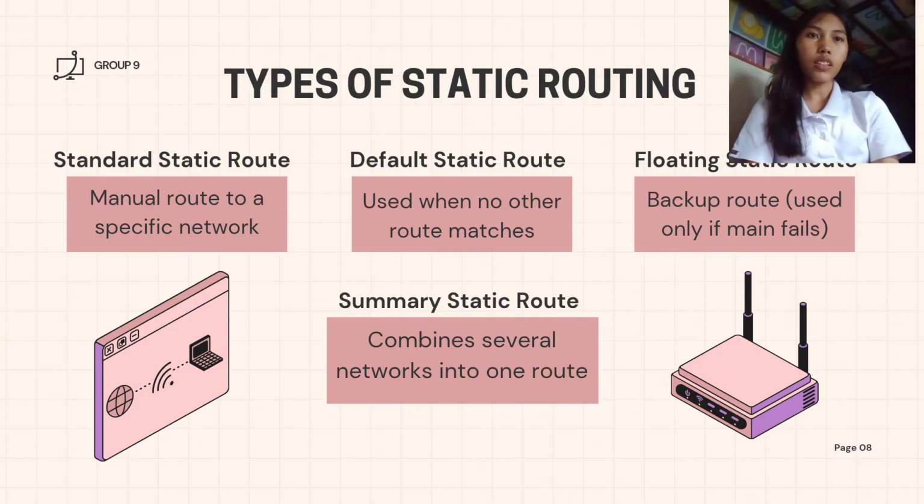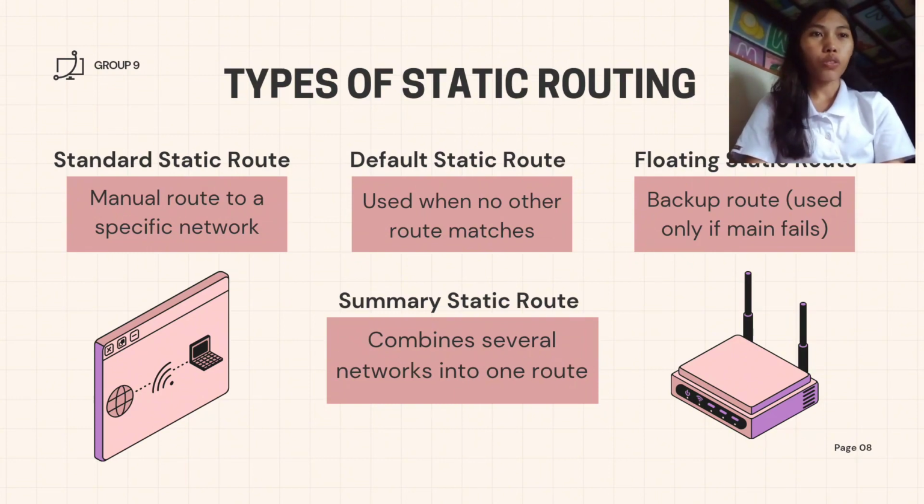The second one is the default static route. This works like a last-option route. If the router doesn't find a specific route for a destination, it uses the default route to forward the packets.